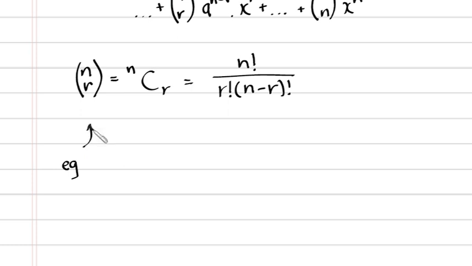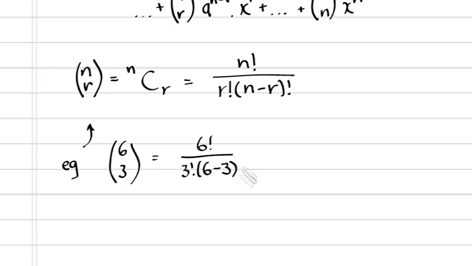Let's have a look at an example of nCr, the way we can choose r objects from n. In this example we're going to use 6 choose 3. And that can be written as 6 factorial over 3 factorial times 6 minus 3 factorial.